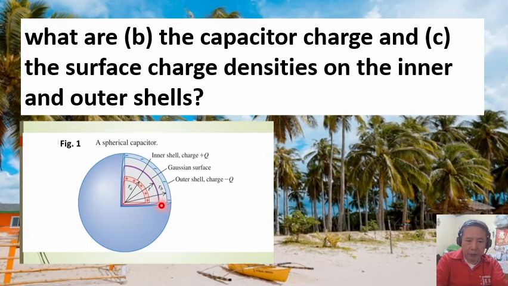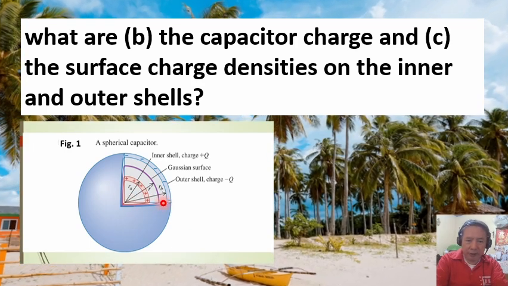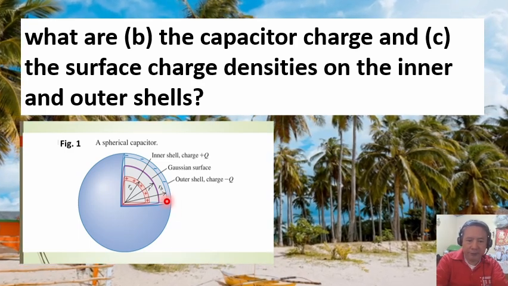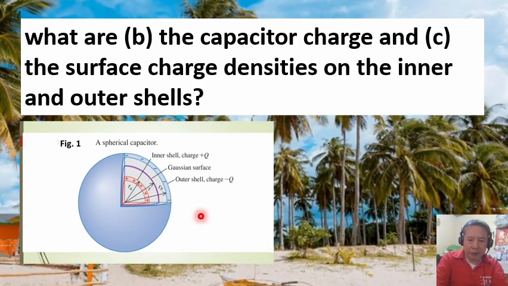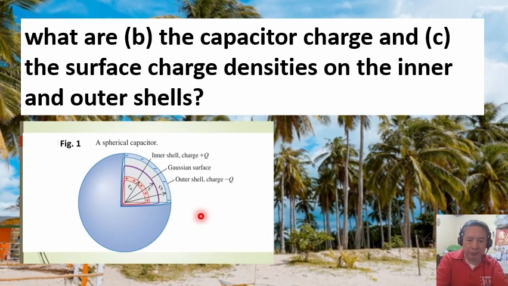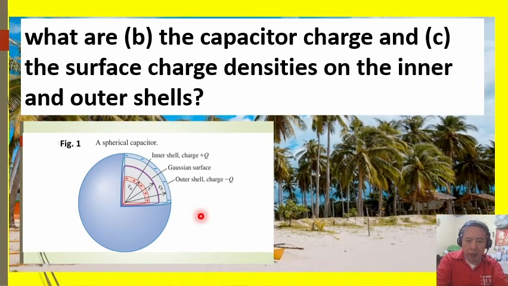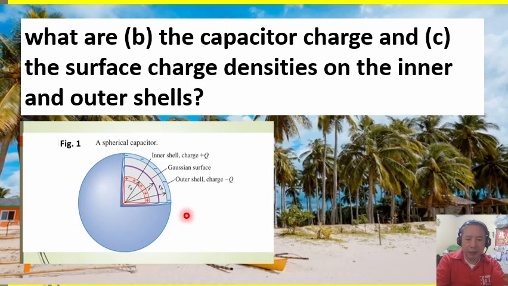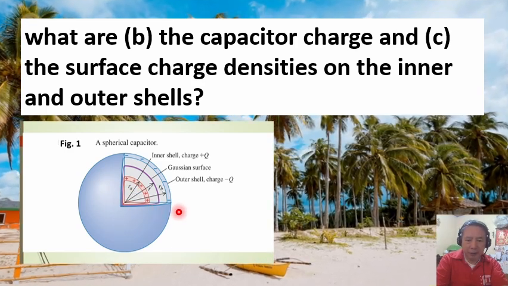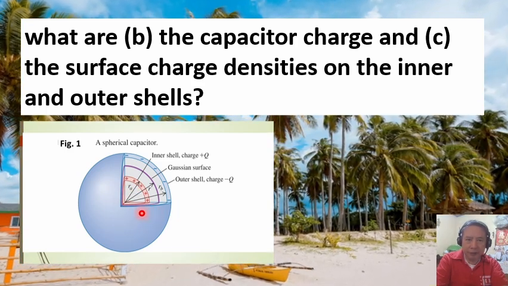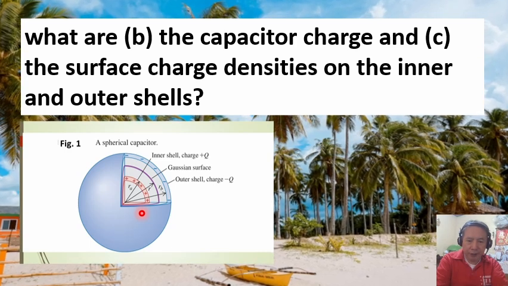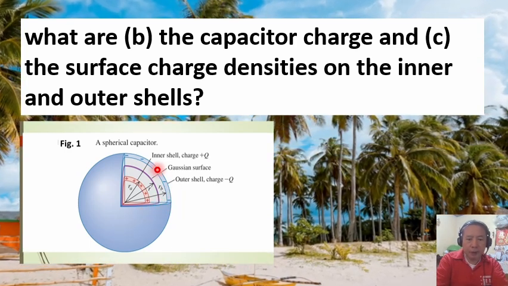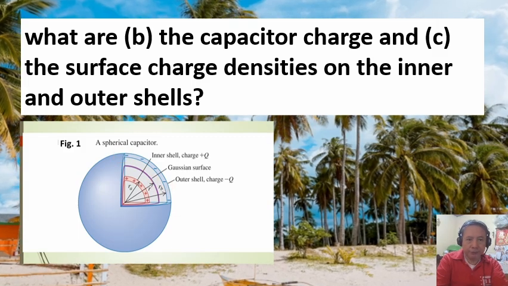Also indicated in the diagram are the two radii: the outer radius of the inner shell, and the inner radius of the outer shell.